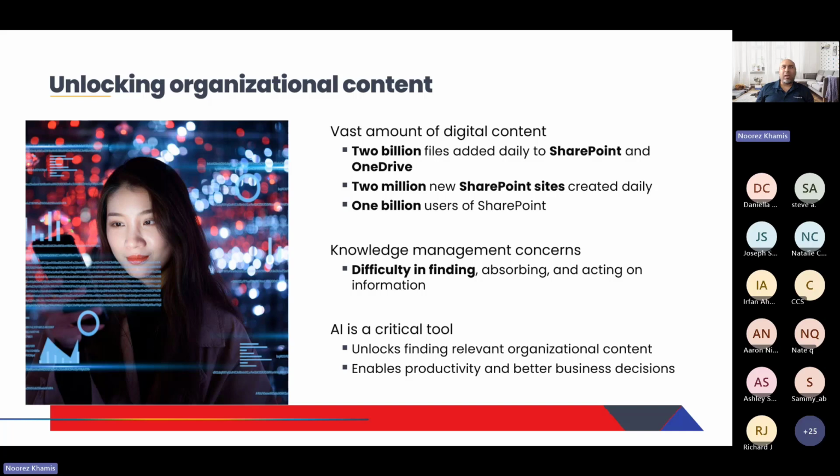From this data alone, managing this knowledge and content pushed on a daily basis is certainly challenging, but this is where AI can really help and unlock this content. It can help you find content more easily, make you more productive, and in the end, enable you to make better business decisions.